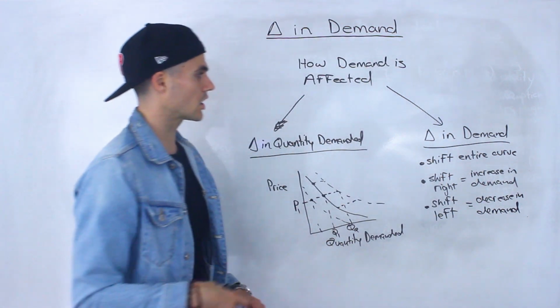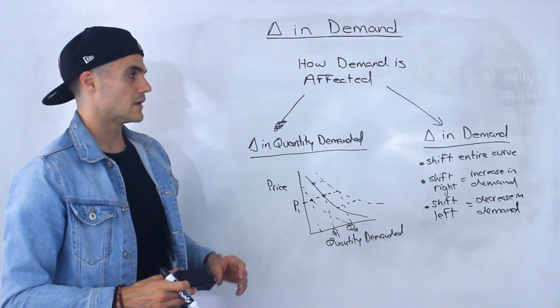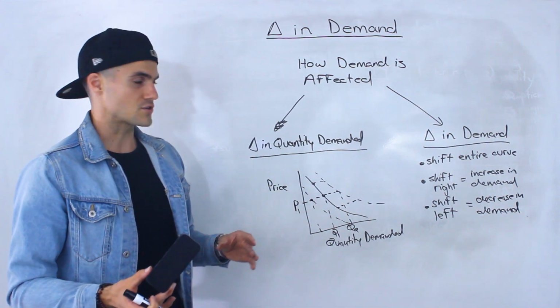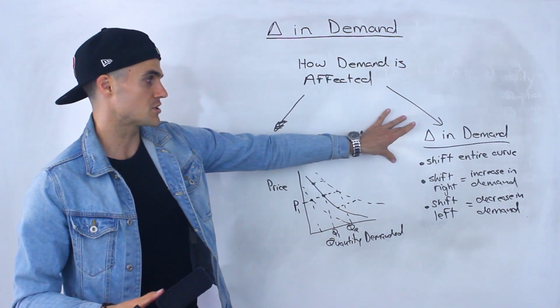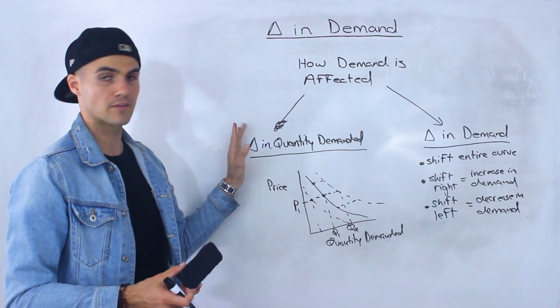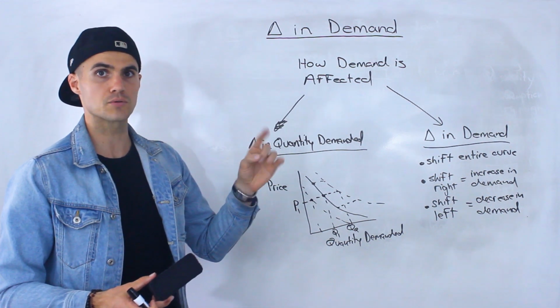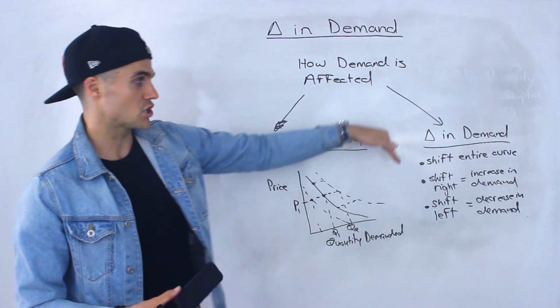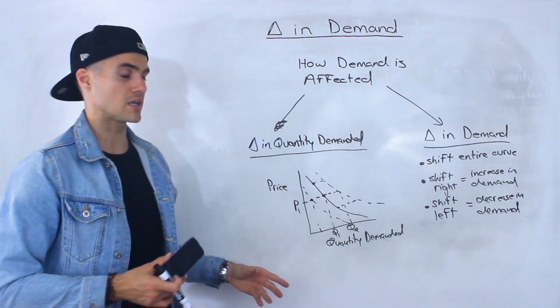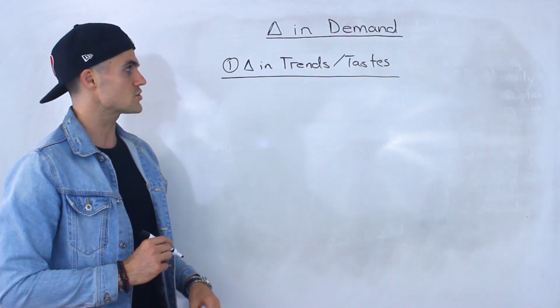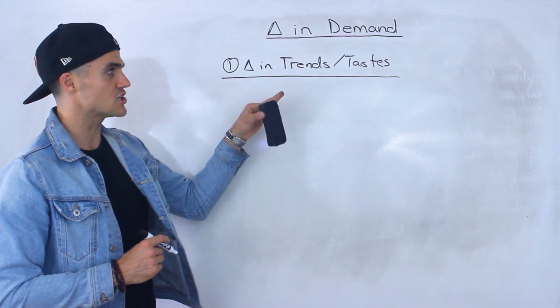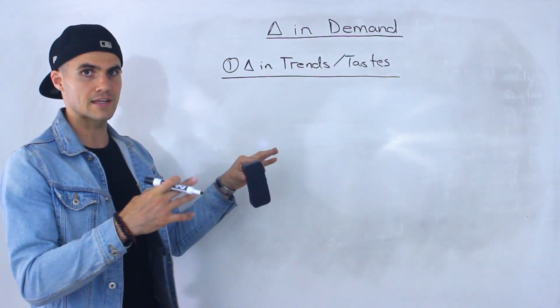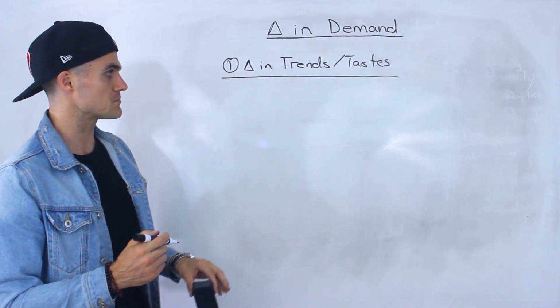And so what we're going to talk about in this video is factors that cause this change in demand. Remember, for change in quantity demanded, there was only one factor that caused it. It was the price. But for change in demand, there are going to be multiple factors. So the first factor we'll talk about is a change in trends or tastes. That's going to affect the change in demand.